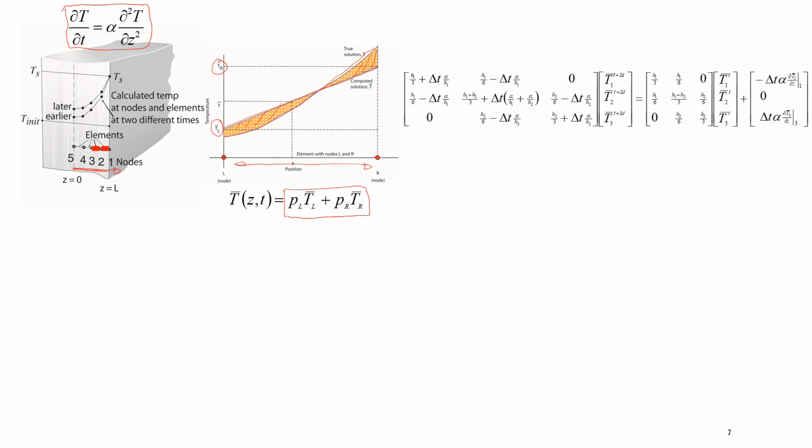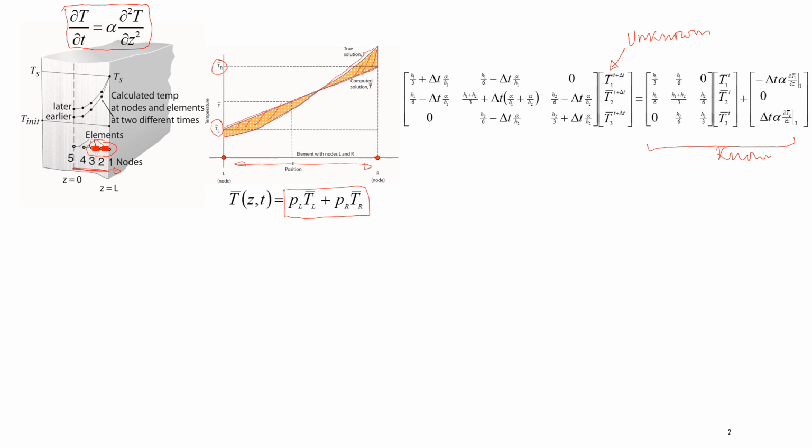So if we have two elements here, two elements have three nodal values as my unknown. So these are my unknowns, and all these are knowns. Okay, and so then we solve this linear set of equations. That's what we did for 1D.